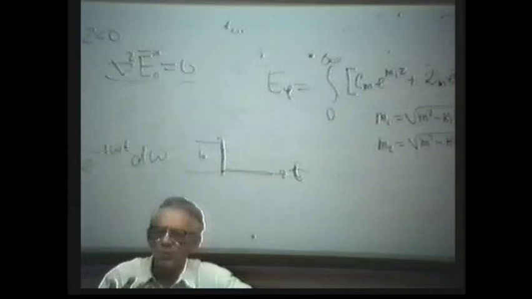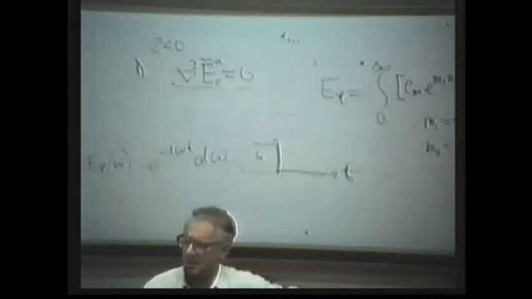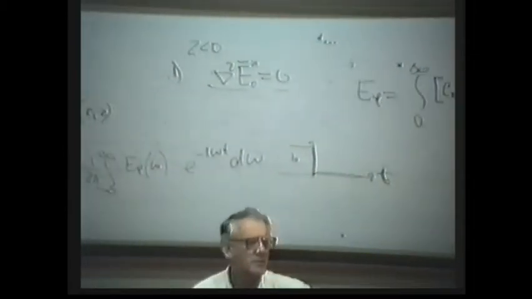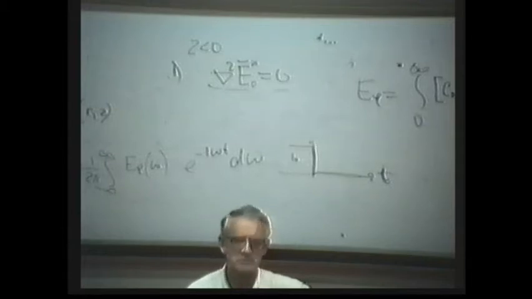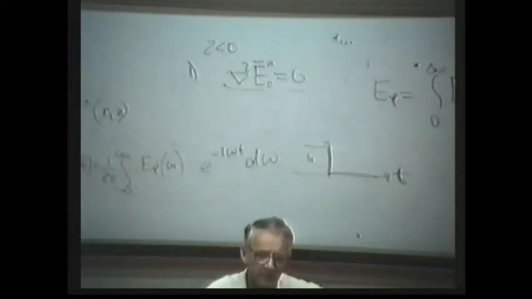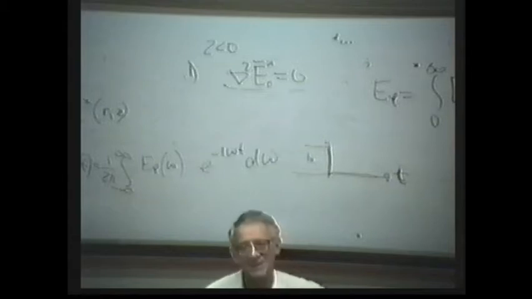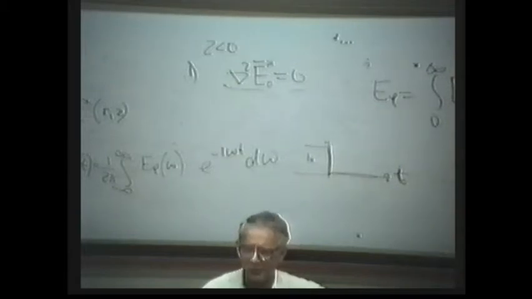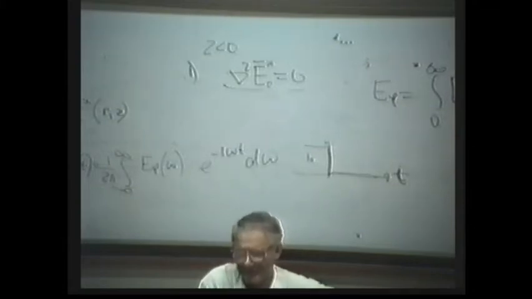What is the meaning of the Fourier integral? What is it? Represent the time function. Yes, a sum of sine and cosine, many of them, or many or few.